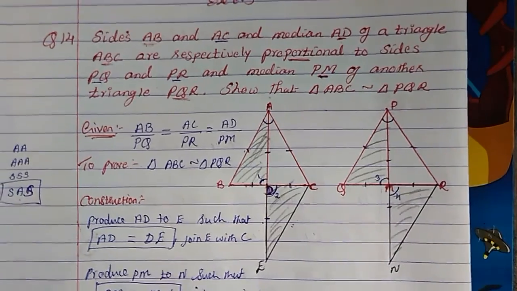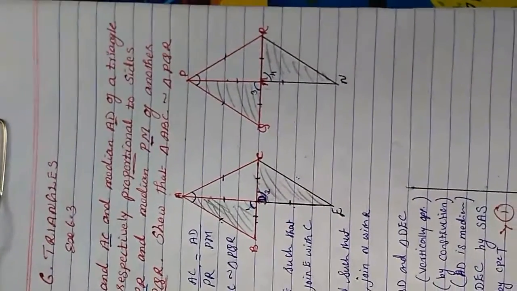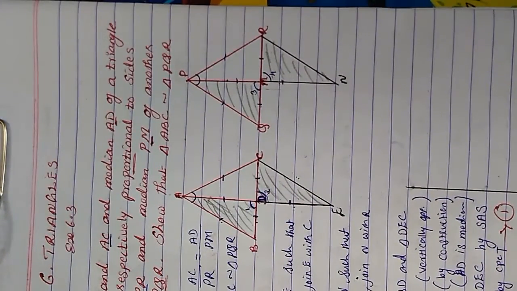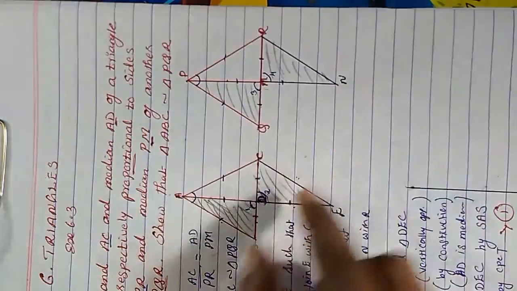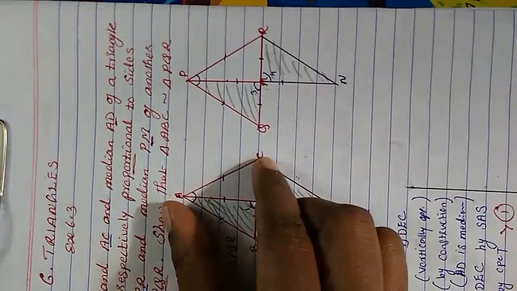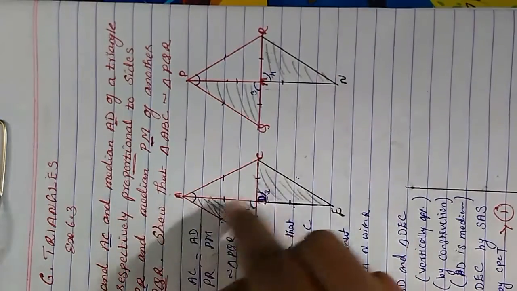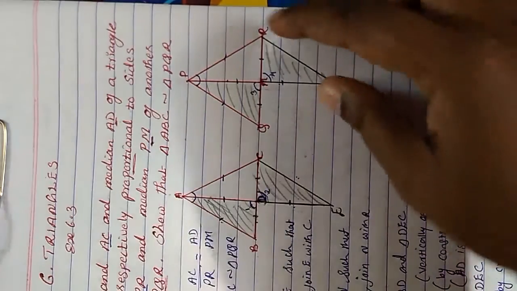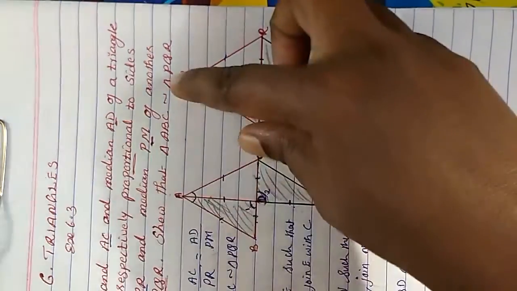So that means just look at this triangle this way. Now when you look at this way, already it is given to us, this side is equal to this side, and we have proved just now these two sides are equal. So already it is given to us that this ratio of sides is equal.